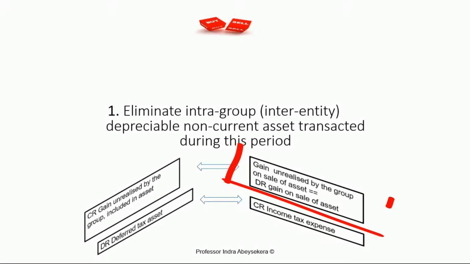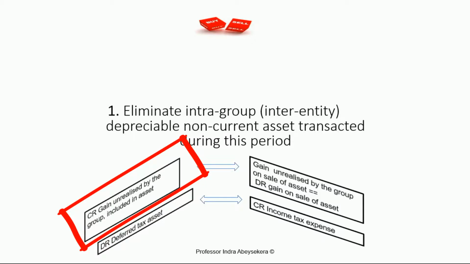And the receiving entity would receive that asset and record it at an overvalued amount. Because it's an intergroup transaction, that gain becomes an unrealized gain for the group.